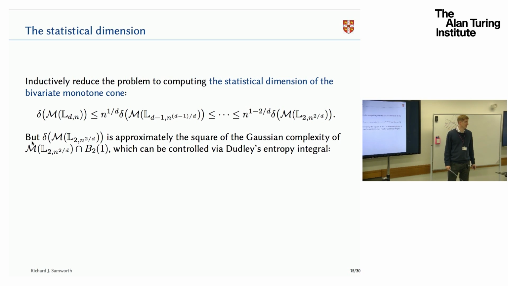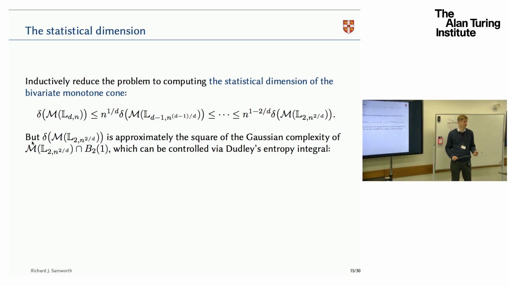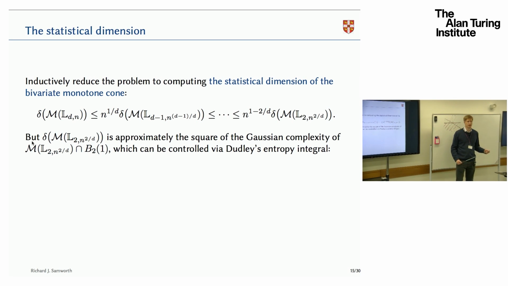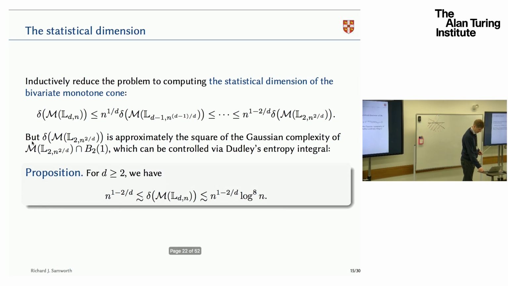I shouldn't go all the way down to 1, because I know that the statistical dimension behaves polylogarithmically in n when d is 2. I don't want to incur another penalty of n to the 1 over d by going down to d is 1 here. And this is something that we know how to control once we've got down to d is 2 using Dudley's entropy integral.